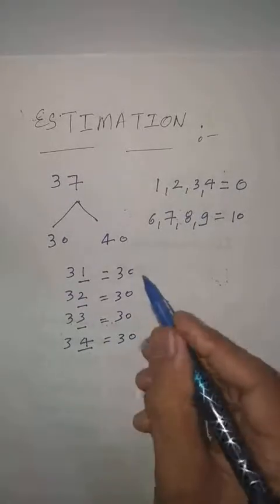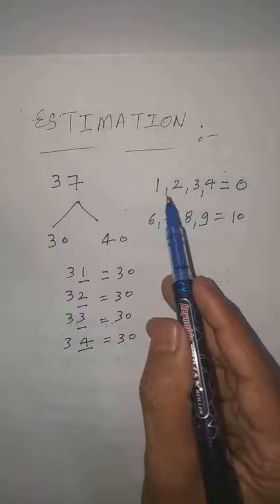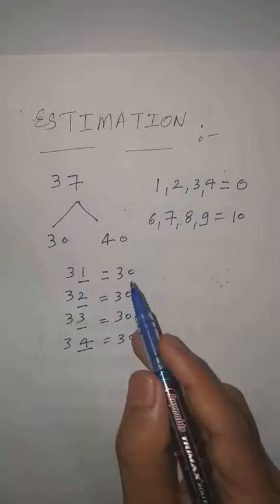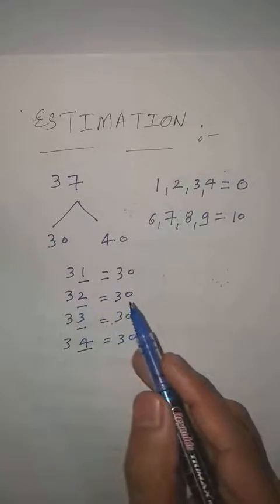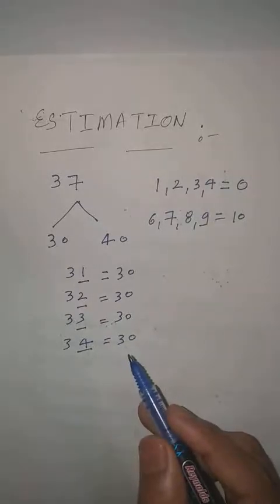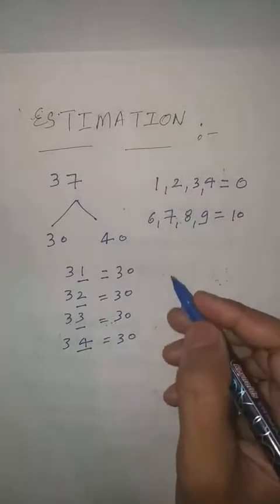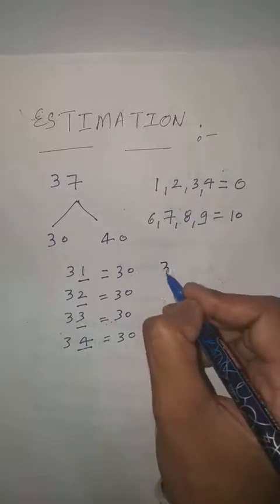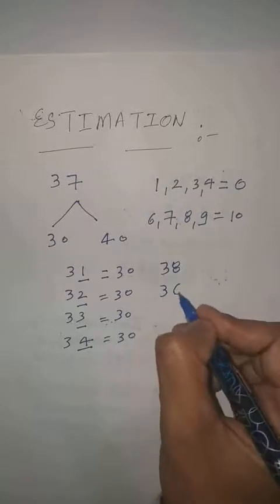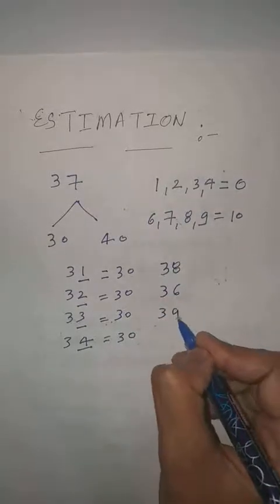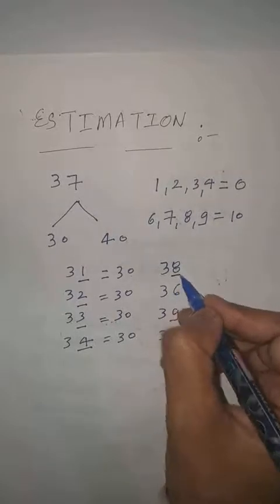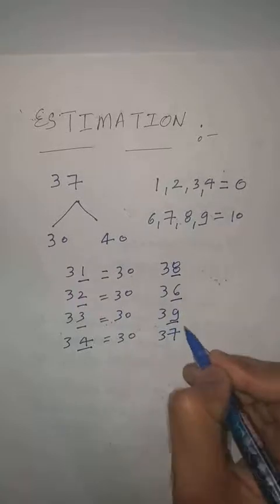Why? Because you know that if the ones place is 1, 2, 3, 4, this will become 0, because 31 is near about 30, 32 is also near about 30, 33 is also near about 30 and 34 is also near about 30. But in the second case, what I explain, if the number is 38, 36, 39, 37, here the ones place is 8, 6, 9, so 10.